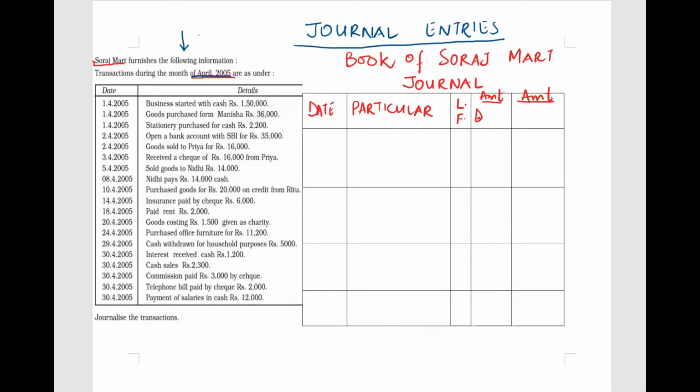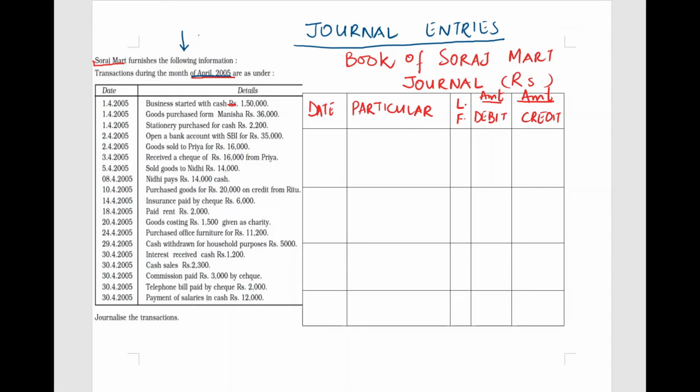So this is debit and this is credit. Okay, my debit should always tally with credit at the end, and these two are rupees because we are taking the rupees. See, it says rupees, so we are taking that.